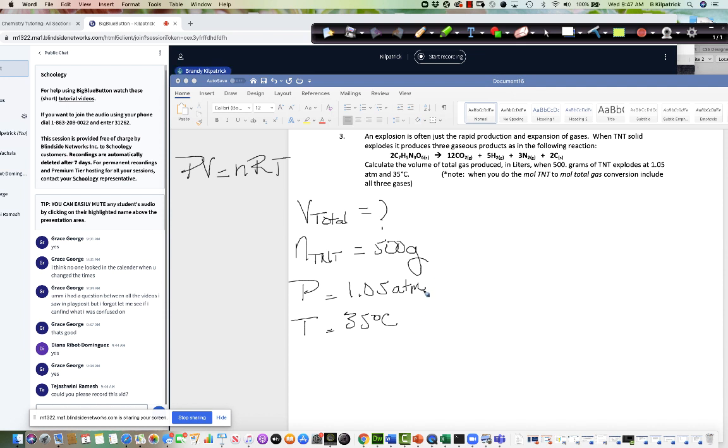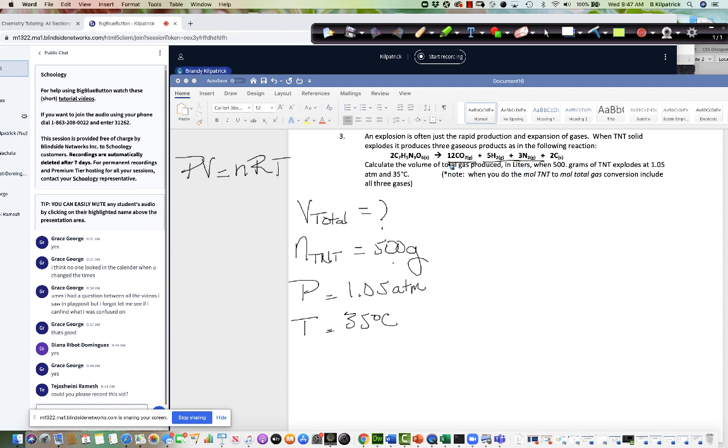So let's go ahead and convert this. So the thing is, it's asking for all of the gases. So you could do this one of two different ways. You could convert the 500 grams to see, okay, how many moles of this will I make? How many moles of that will I make? And then how many moles of that will I make? Okay, you could easily do that. You could do 3 problems first.